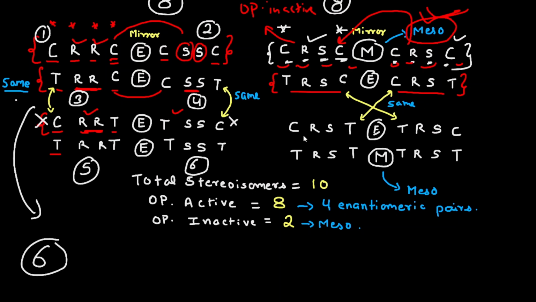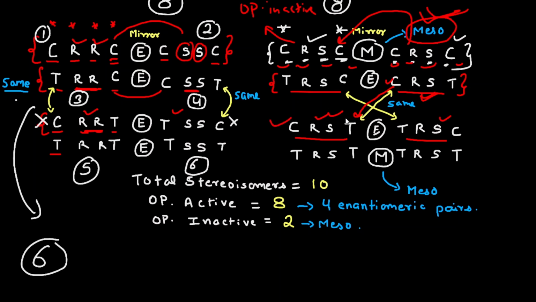Now, coming to these two possibilities, again these two are mirror images and non-superimposable, but you don't have to count these two as separate because you have already taken these possibilities previously, unknowingly. How? Let us try to see. This possibility is the same as this possibility. You just try to take this and superimpose on this, CRST, CRST.